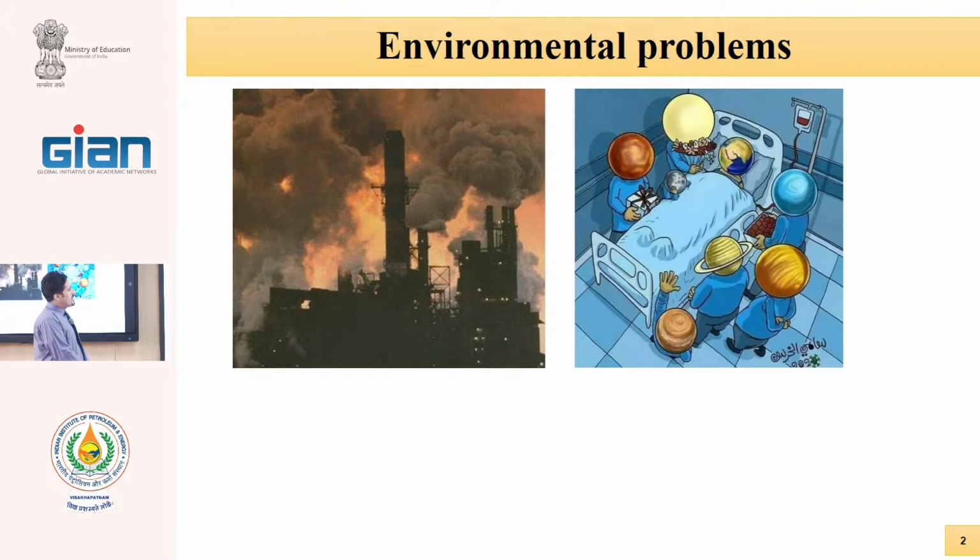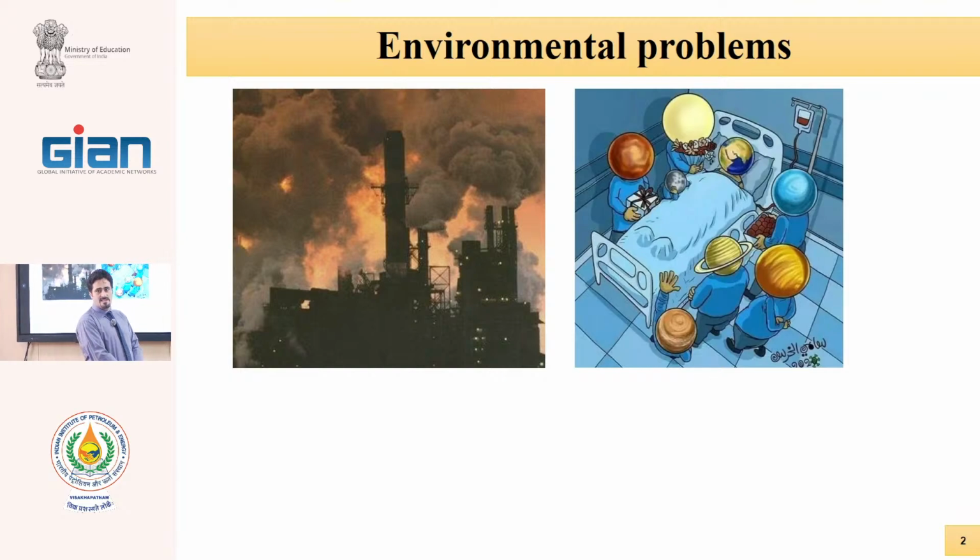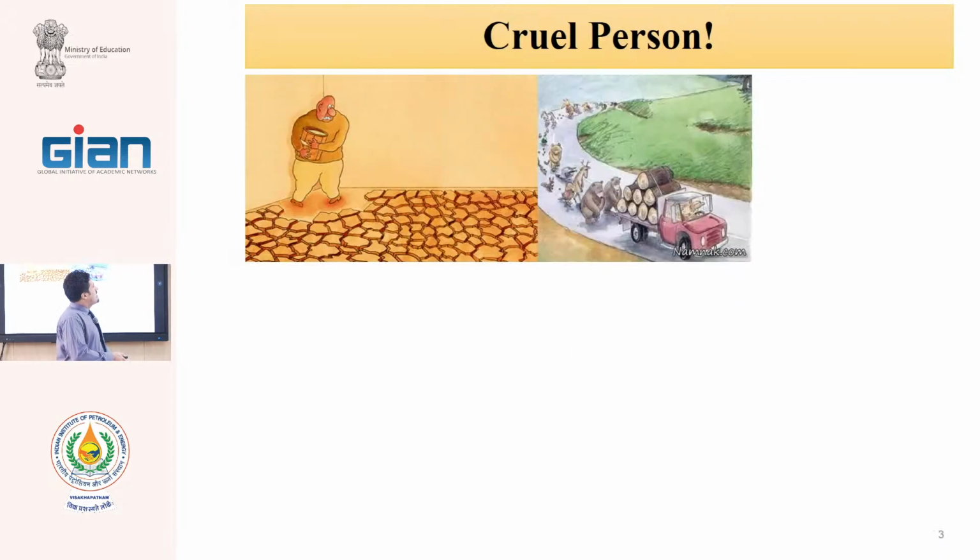Therefore, because in the production of many foods we use chemicals, and the use of chemicals is a problem. I want to show some problems as a caricature, and you see when we cut the trees, the life of most animals, as well as humans, is affected. Humans are animals also.